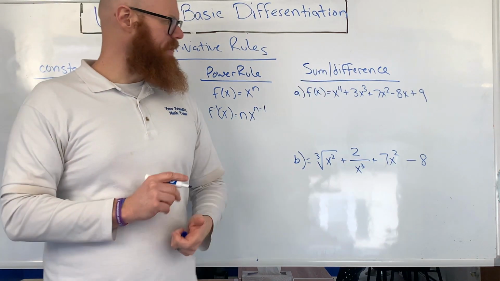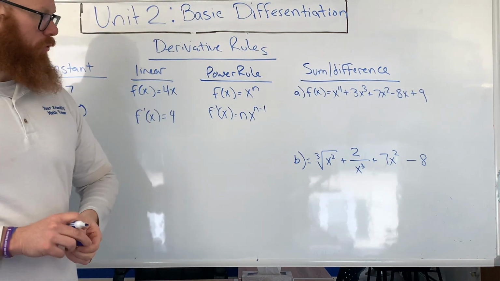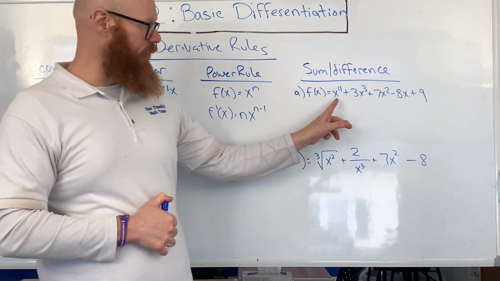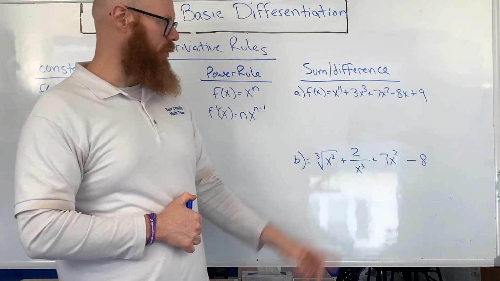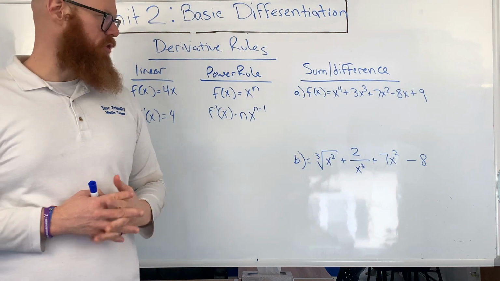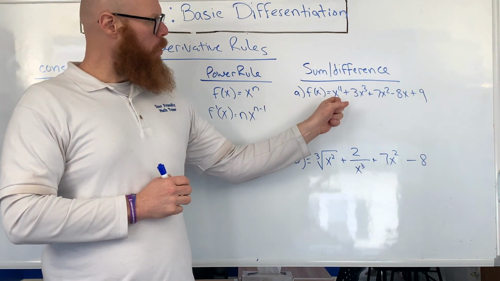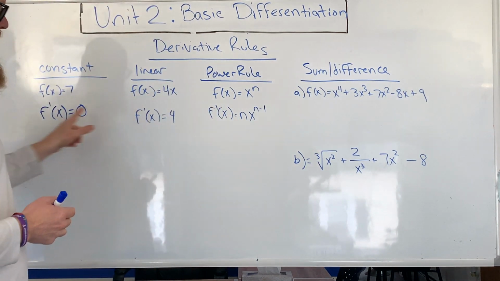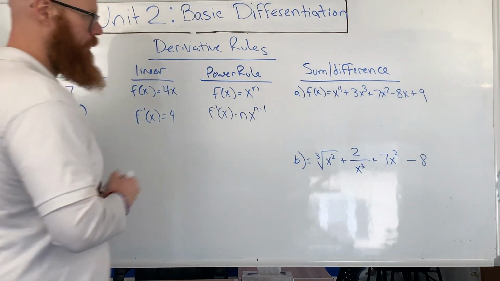Then we look at the sum and difference rule. The way it works is that if you have adding and subtracting with different terms, here I have 5 terms separated by addition and subtraction, then you can just take the derivative of each of them individually using these 3 rules.